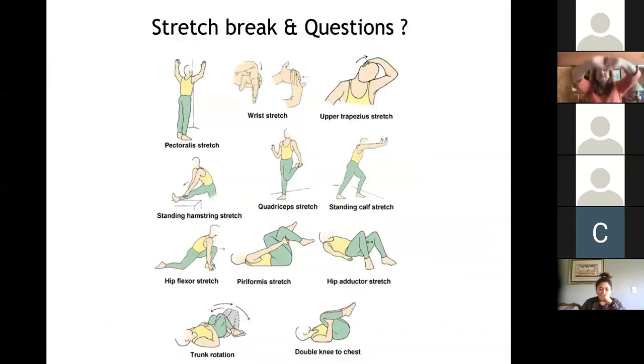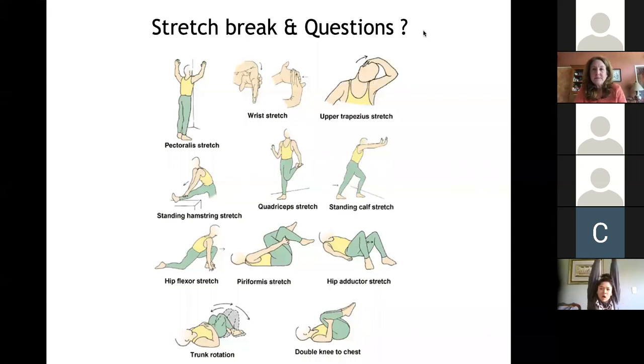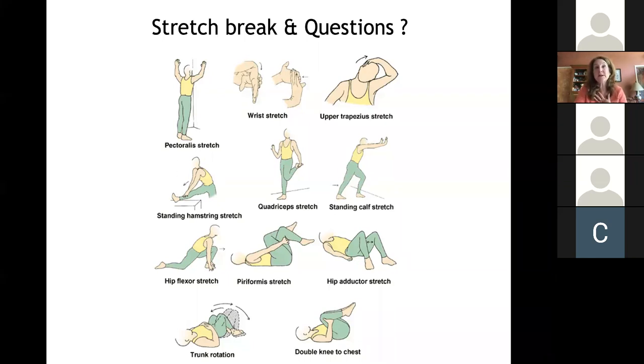All right, so while we're taking just a couple minutes stretch break, I'm going to ask people if you have any questions. And Sierra, I'm going to ask you to monitor that. There's a couple ways you can do this. You can add a question on chat. You can raise your hand, which I like, because then I like to hear people's voices.